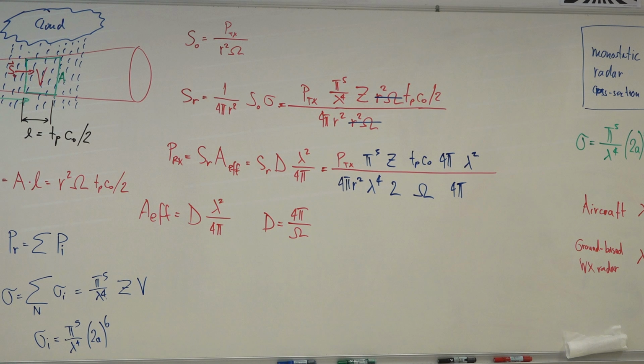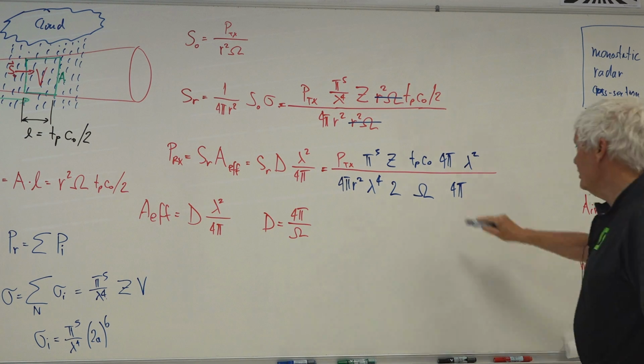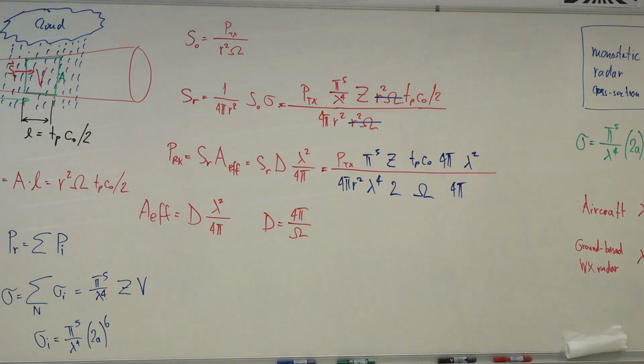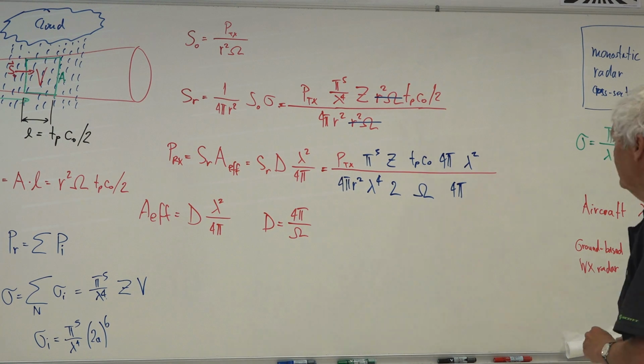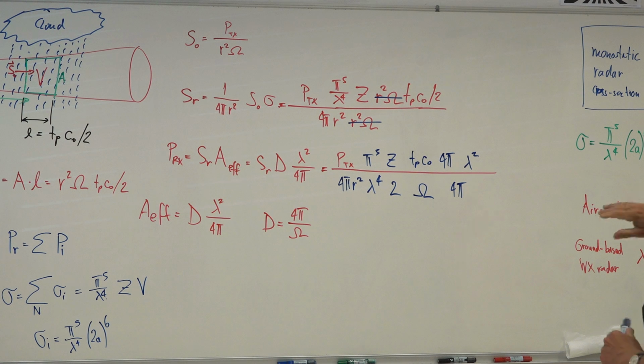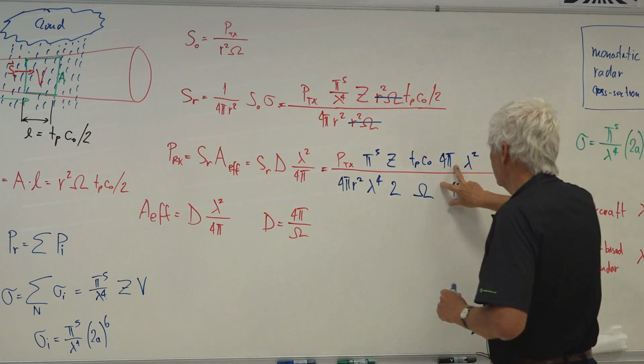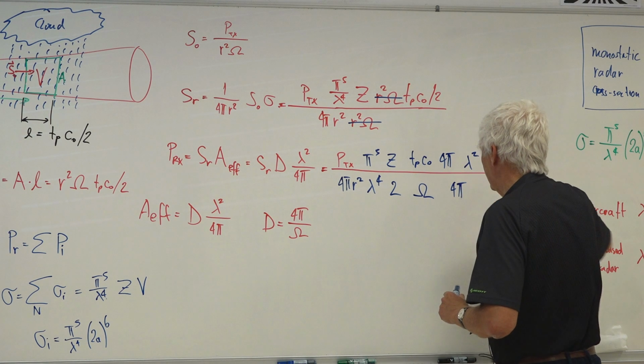So now I have the complete equation written down for this radar. You see that omega plays a role only once. Maybe it was much better to write D in place of this 4 pi over omega.